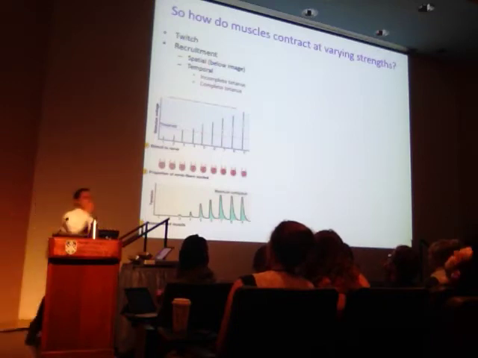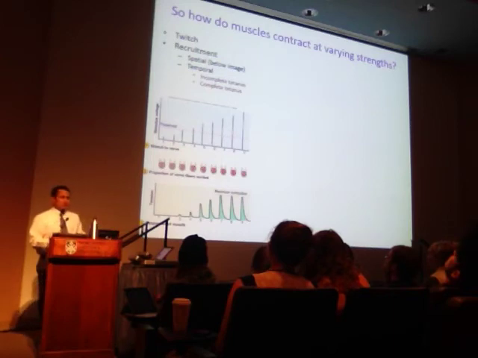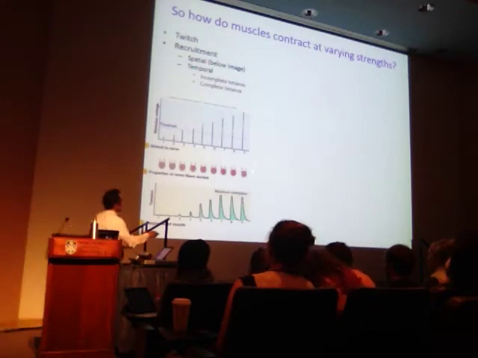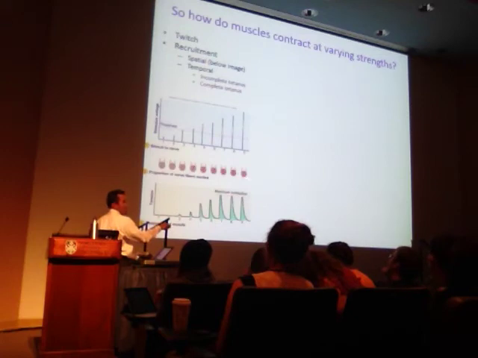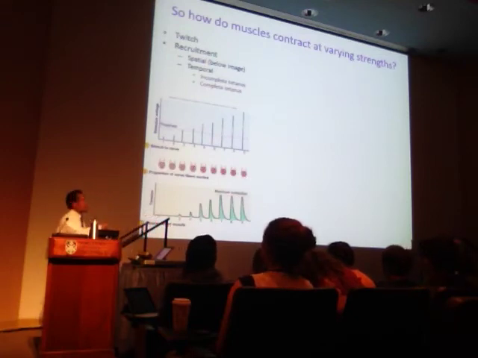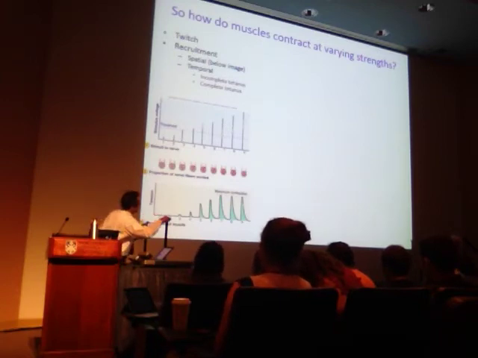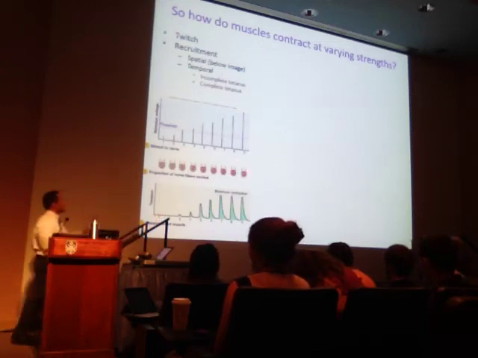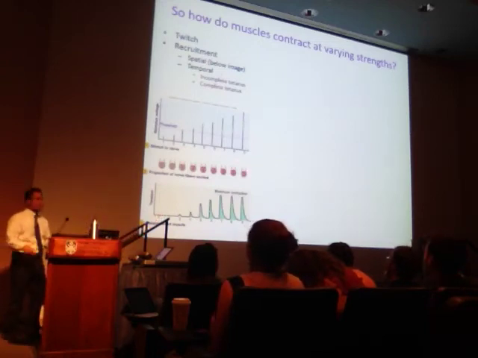So the larger the voltage signal, the more of the nerve fibers you're going to recruit. It might be difficult to see the middle part, but if you look at this one, it looks more red. If you look at this one, it looks non-red. So it increases the amount of red intensity till you get to the far right, based upon the number of individual fibers that are being recruited.